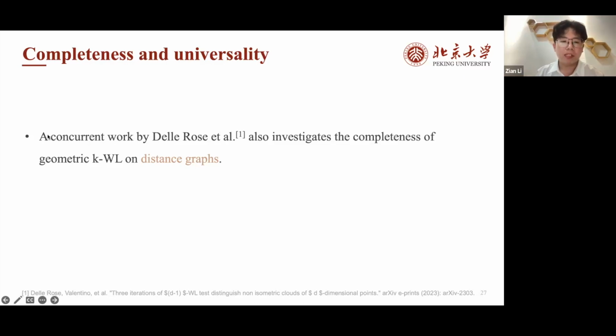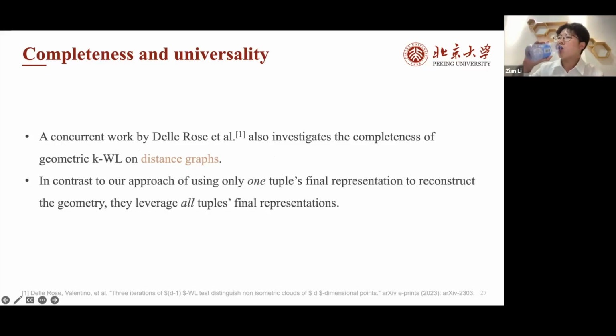This is inspired by a concurrent work by Delle Rose, which also investigates the completeness of geometric k-WL on distance graphs. In contrast to our approach of using only one tuple's final representation to reconstruct the geometry, they leveraged all the tuples' final representations.